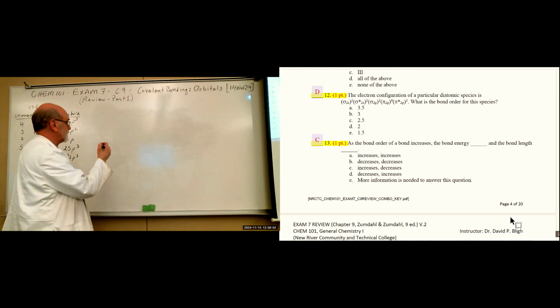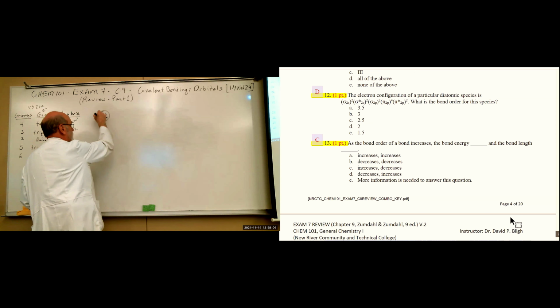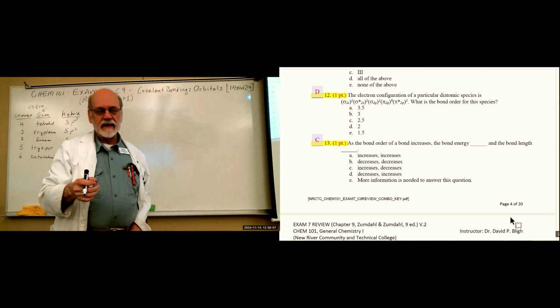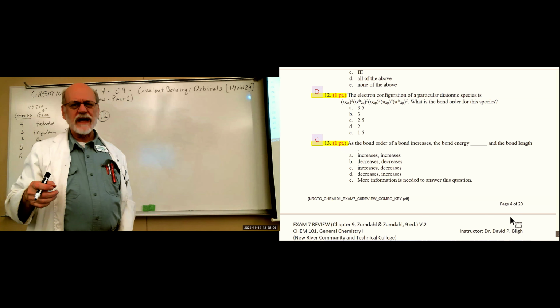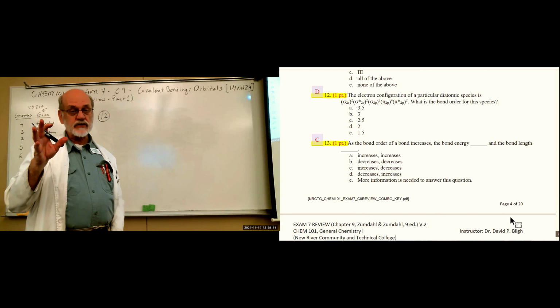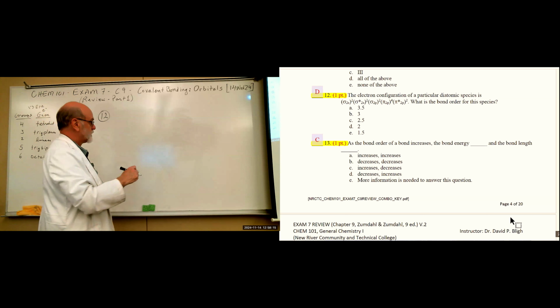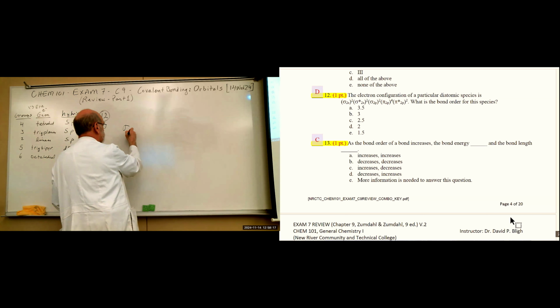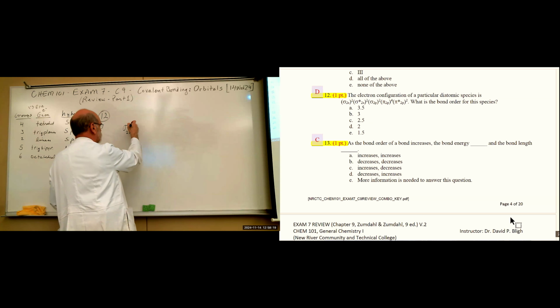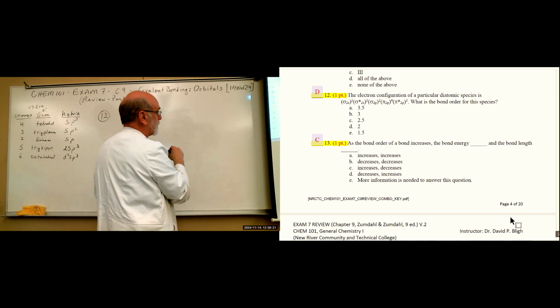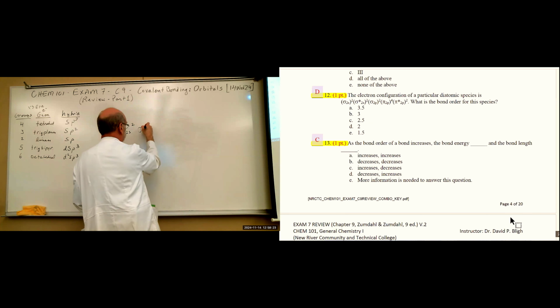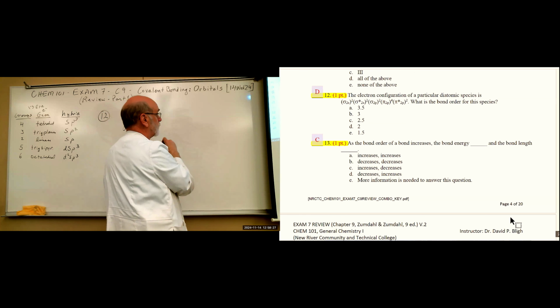Let's see, 12. The electron configuration of a particular diatomic species is, and this is the shorthand version. Now we're into molecular orbitals. So we have a sigma 2s, and it has 2 electrons. Then we have a sigma star from the 2s with 2 electrons.